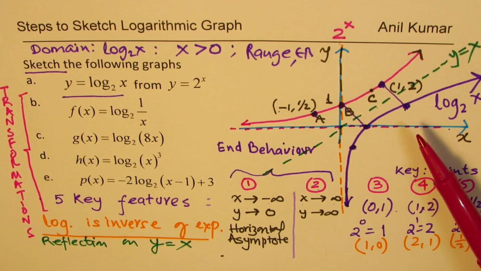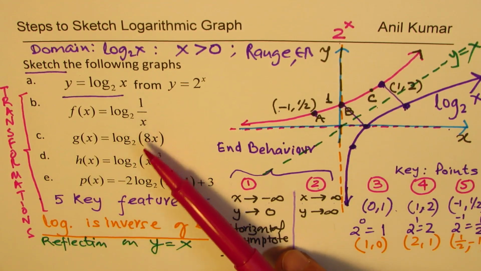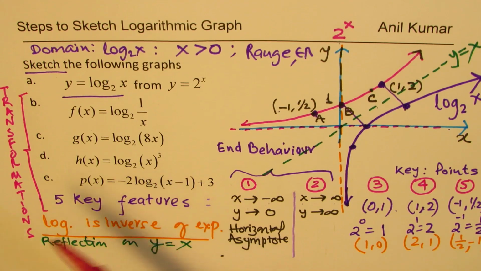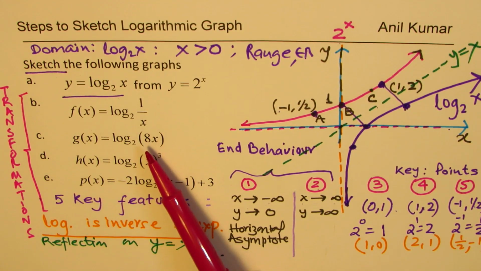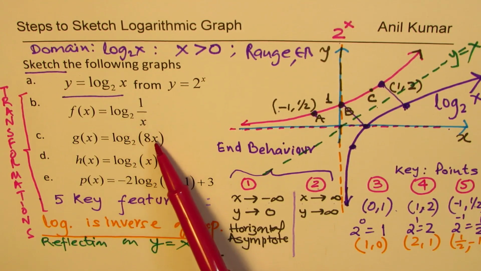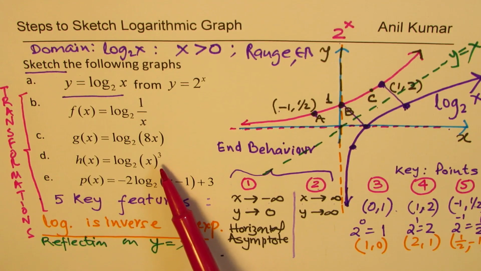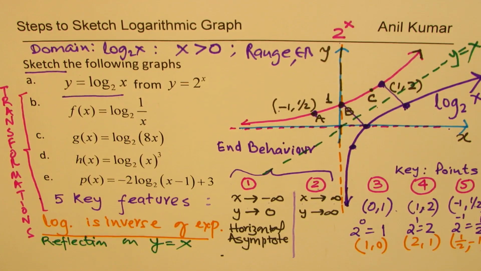Now in the next page, we will see how to sketch the graphs for B, C, D, and E. You'll also notice that these are not the very standard ways you see in your textbooks, but these are very standard ways in which you see in your test papers. So that makes my videos especially good for those students who care for understanding and who are trying to achieve the best. So let's move forward and understand now how to sketch the other graphs of logarithmic functions.